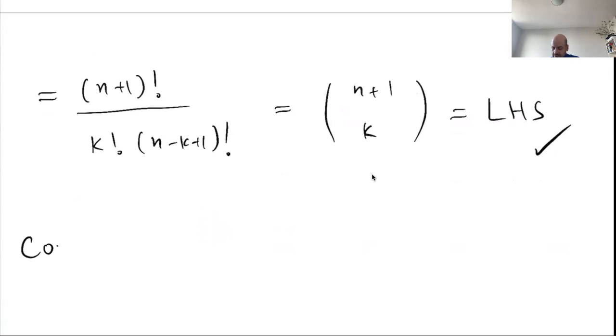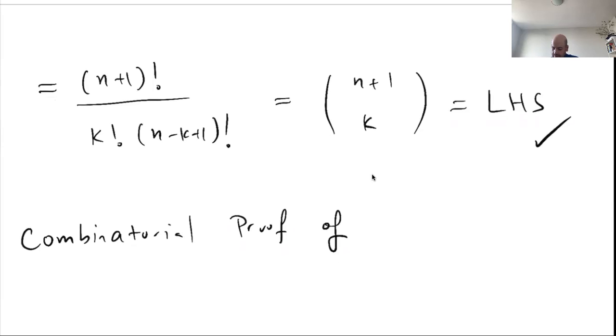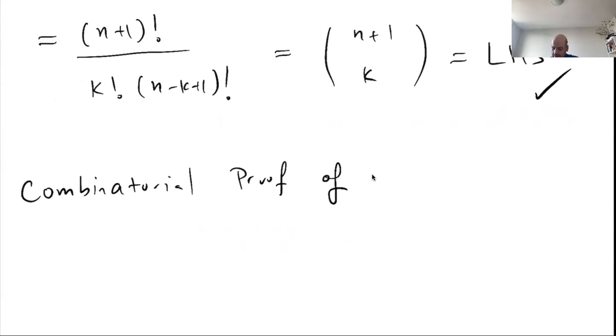Now let's look at the combinatorial proof of the property above.